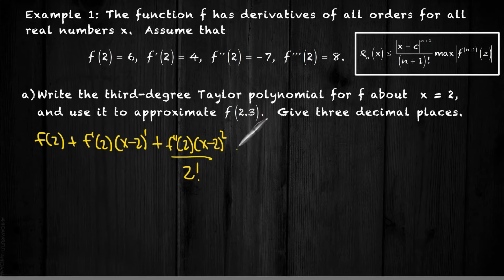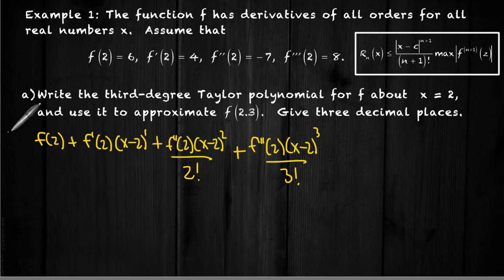And we need a third degree polynomial, so we need to go to f triple prime of 2 times x minus 2 cubed over 3 factorial. And so this is our approximation for f of x.